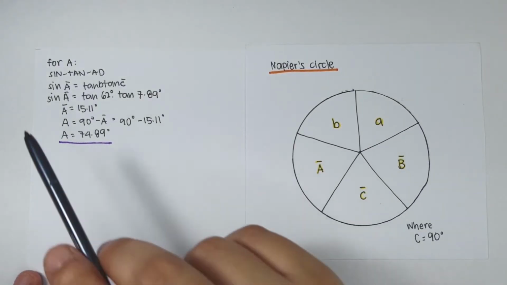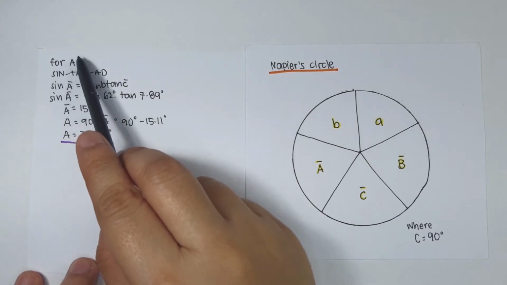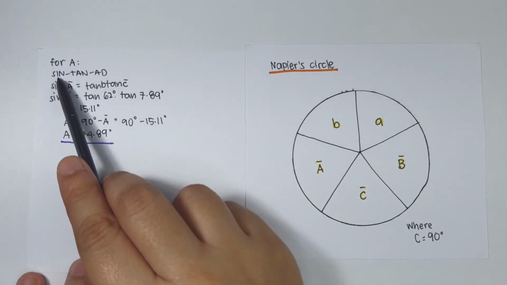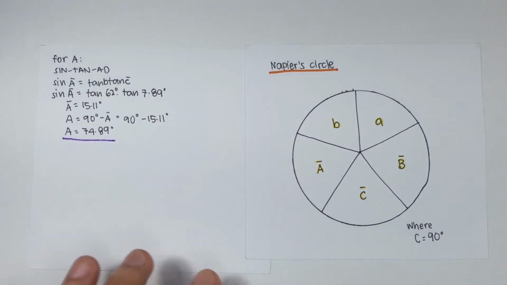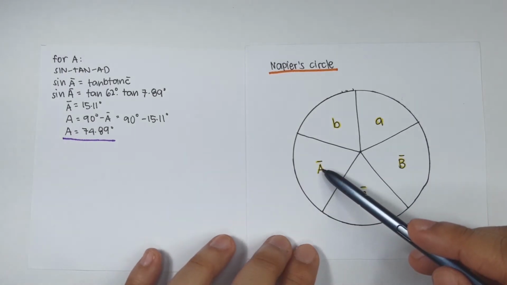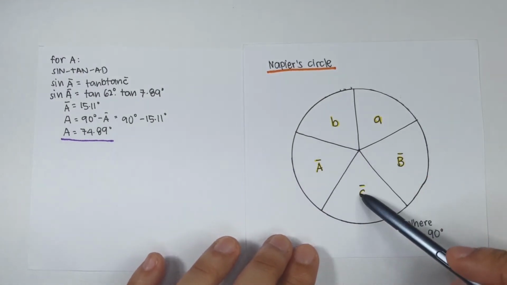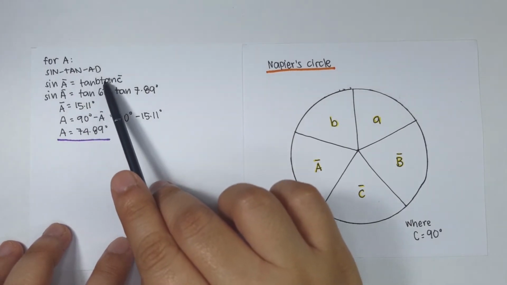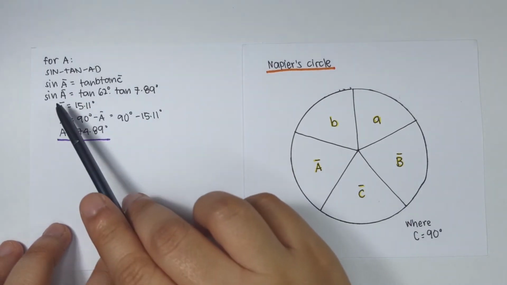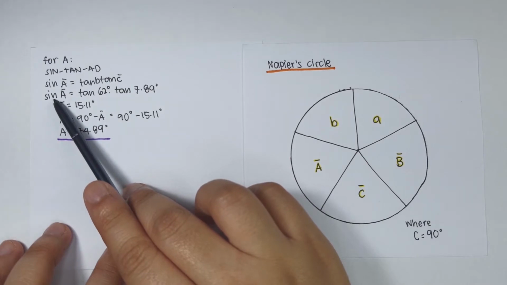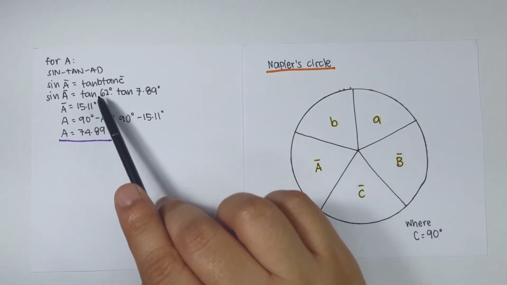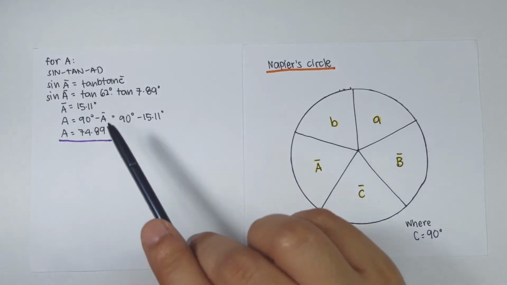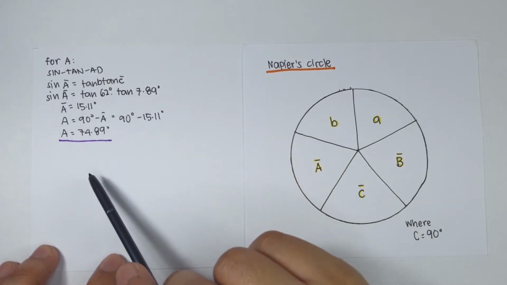Next, we can solve for angle A. So we can use the sine tan ad rule. So that is sine A bar is equal to the tangent of the adjacents. So that's sine A bar is equal to tangent of B times tangent of C bar. So that is sine A bar is equal to tangent of 62 times tangent of 7.89 degrees.